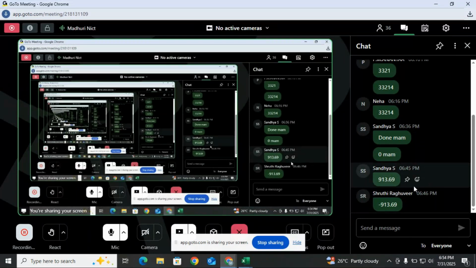You can complete at least one of the two tables if you're finishing fast.